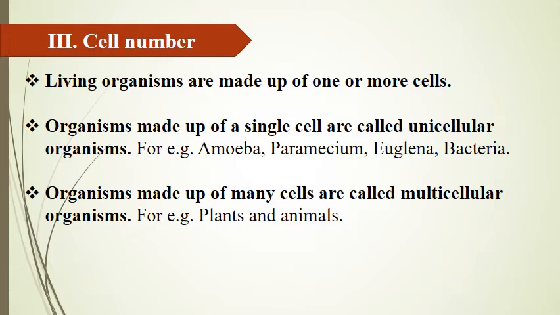For example, amoeba, paramecium, euglena, bacteria, all these organisms are made up of a single cell. Next, organisms made up of many cells are called multicellular organisms, for example, plants and animals.